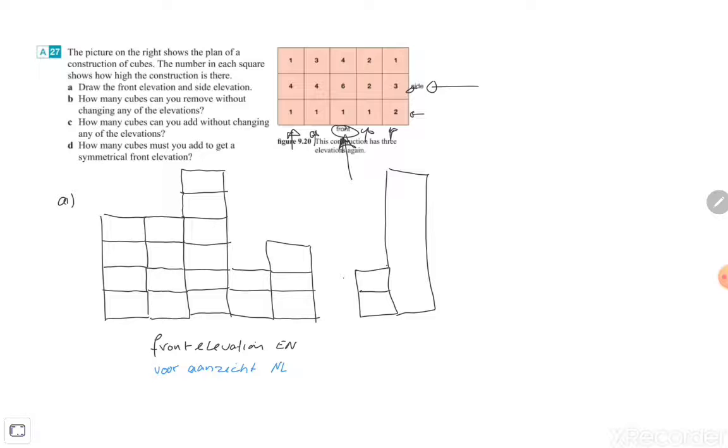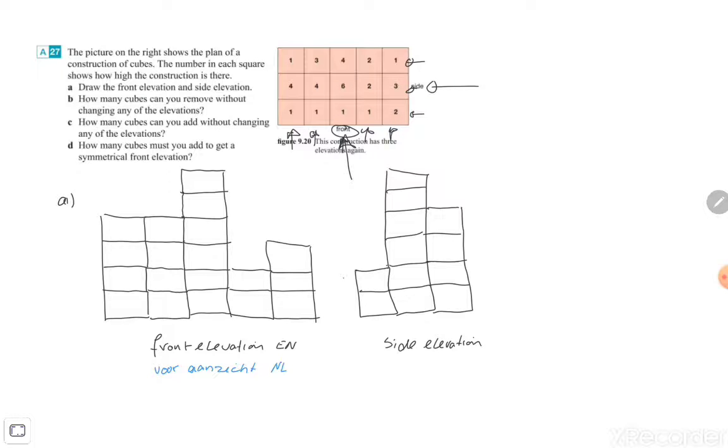So much higher building. 1, 2, 3, 4, 5, and 6. And the last one has a height of 4 cubes. There you go. And this is your side elevation.